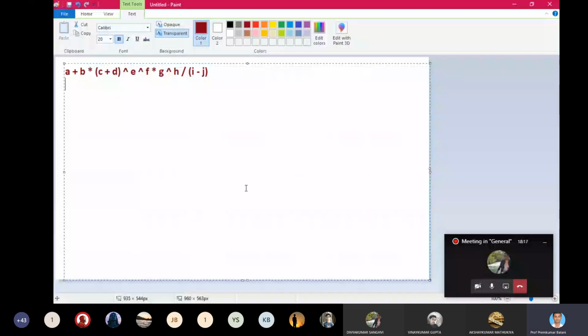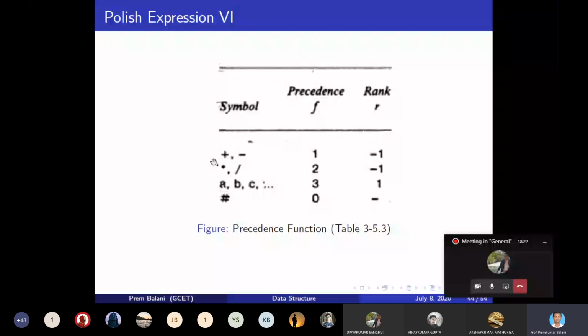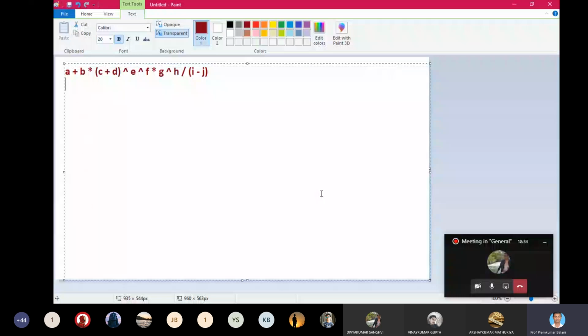Here plus minus has precedence 1, multiplication and division has precedence 2, operands has precedence 3. This is for algorithm purposes, but for these operators, we have to see the precedence of operators in this expression.